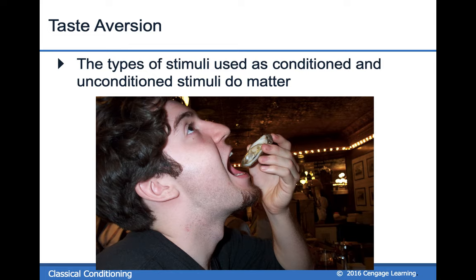You're probably never going to want to eat oysters again. You've essentially had this negative association created between eating oysters and getting sick that night. But it may not have even been the oysters that caused the problem. It could have been the fish you ate with it, or your salad, or something else that could have caused a response.